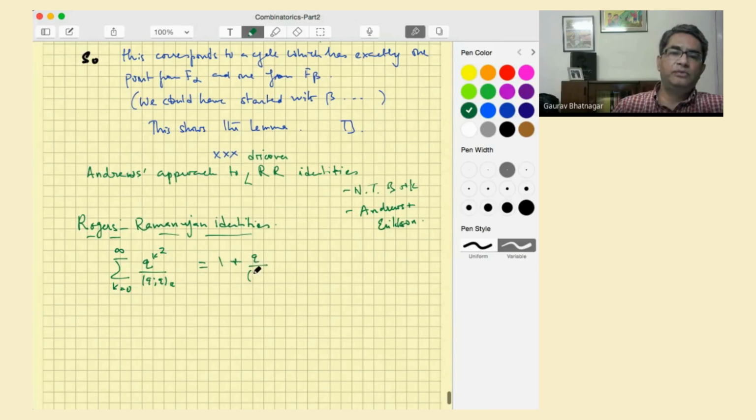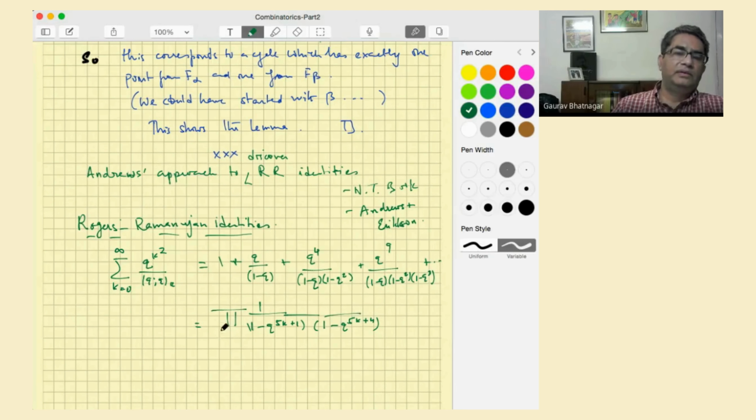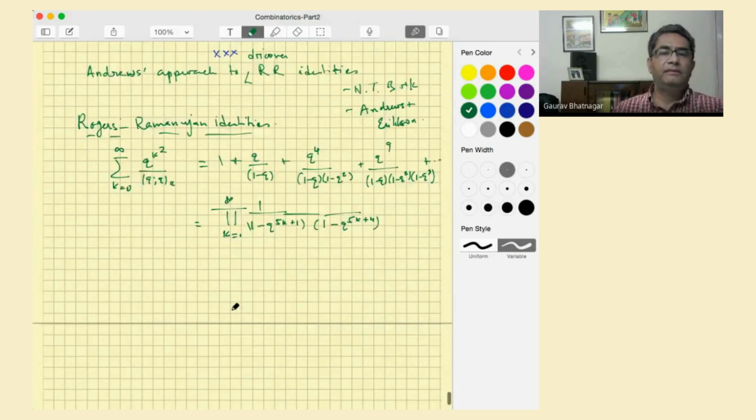So q raised to k squared plus q to the k, so 1 minus q, 1 minus q squared, q raised to 9, 1 minus q, 1 minus q squared, 1 minus q cubed, plus so on. And they are equal to this infinite product, which is 1 minus q raised to 5k plus 1, and 1 minus q raised to 5k plus 4, with k going from 0 to infinity.